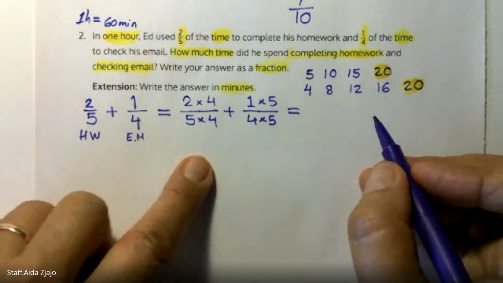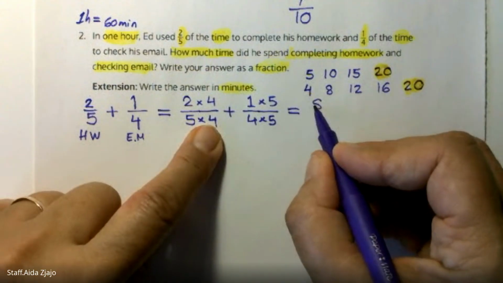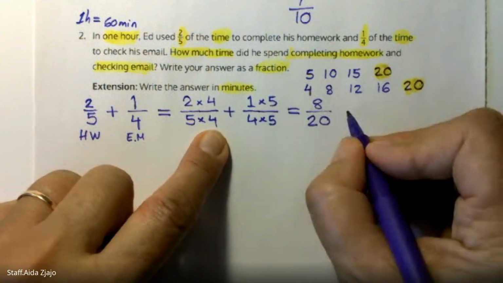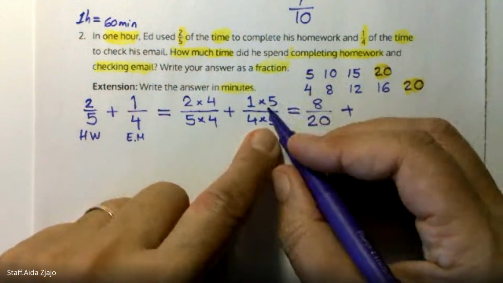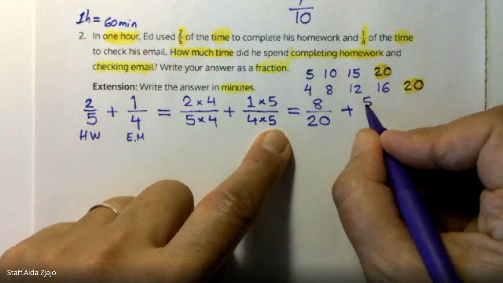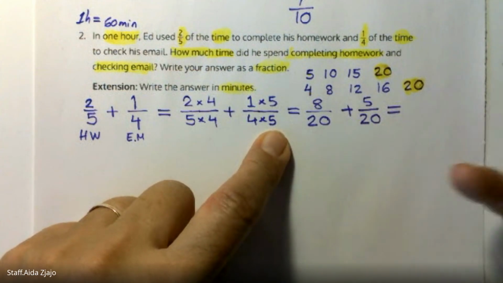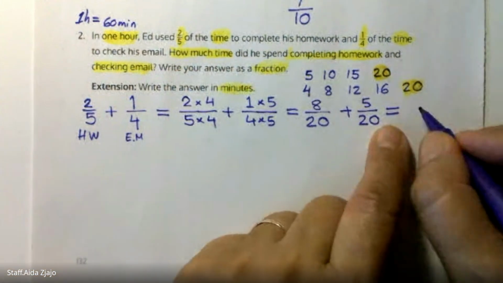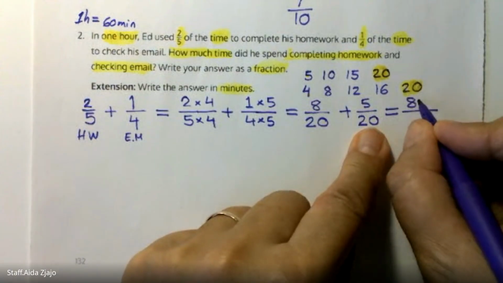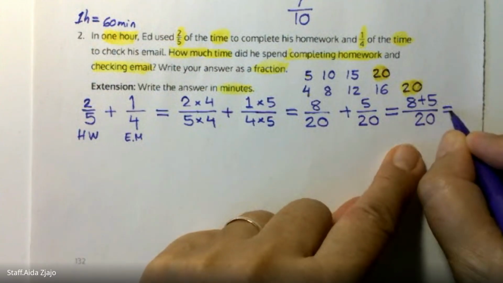Okay, so now I got 2 times 4 is 8, 20ths, plus 1 times 5 is 5, 4 times 5 is 20, 5 20ths. So now I know that there was 8 plus 5, 20ths. How many is that?